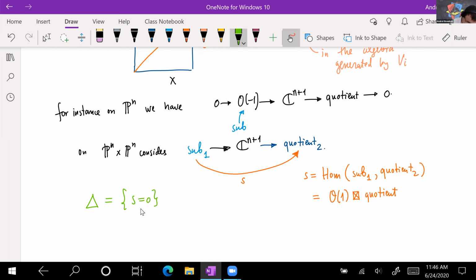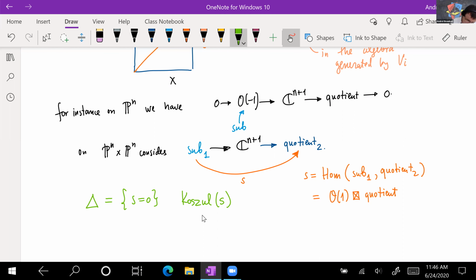And so then the Koszul complex of that section, and we discussed the Koszul complex in the case of the embedding of 0 in a vector space, but there's a Koszul resolution, we will talk about that, for the embedding of the 0 section in any vector bundle.